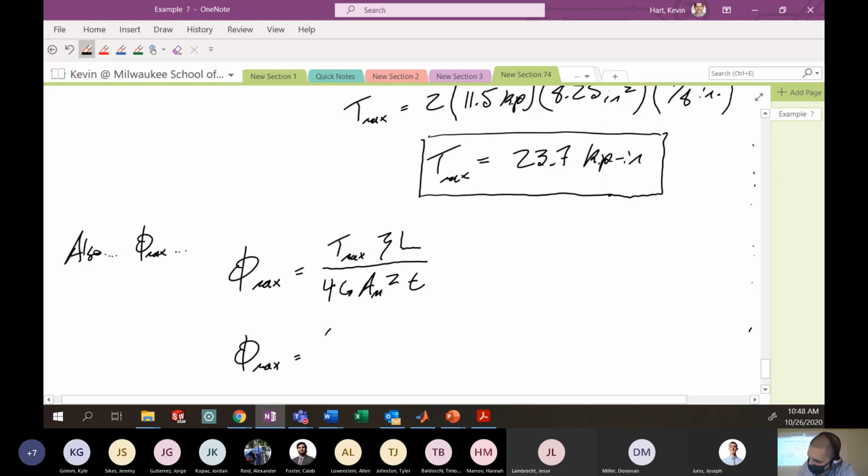Let's start plugging stuff in. Our max torque is 23.7 kip-inch.